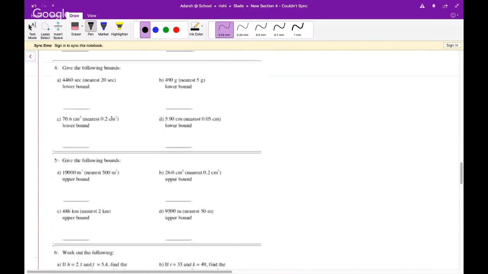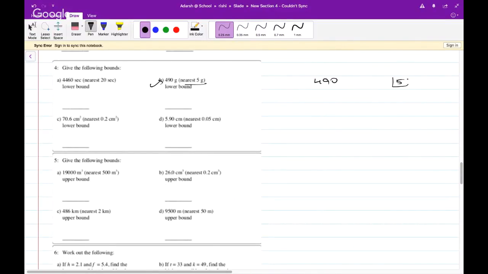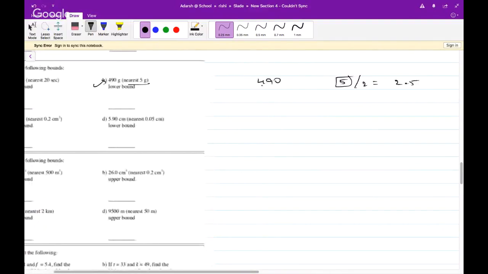One more question I'll do from here. So you have 490 rounded off to the nearest 5. Pay attention to this. This is rounded off to the nearest 5. Take this 5, divide by 2, you get 2.5. Subtract 2.5 from this and add 2.5 to this. So you have 487.5 and 492.5 when you add that.